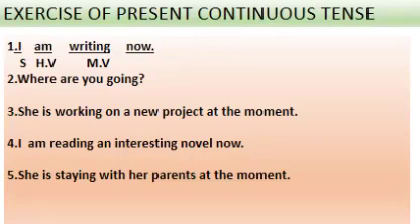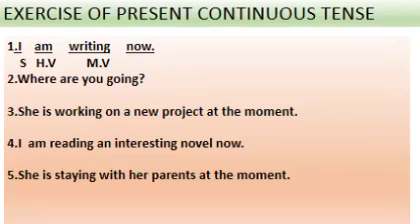So students, now we will do an exercise to make our understanding better. So in this exercise we will identify what is subject and which is helping verb and which is main verb, and which helping verb we use with which subject.